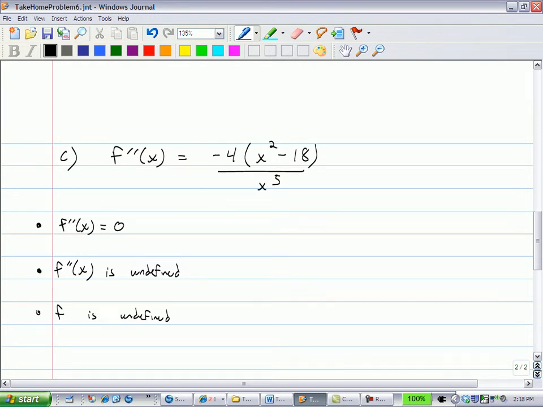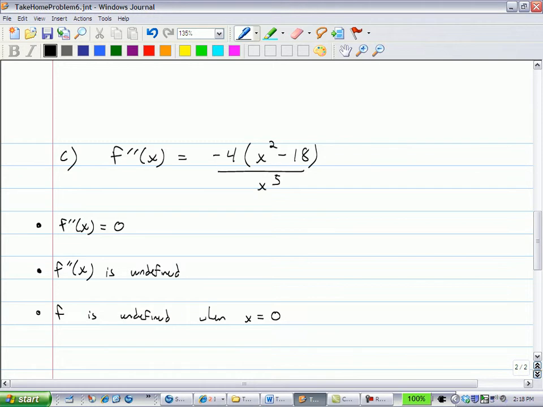So I want to know, do any of those things happen? Well, I'll go to the last one. f is undefined. That happens when x equals 0. So when x equals 0, that's going to be a number that you're going to use as a separator for those intervals. Now, f double prime of x is undefined. When does that happen? Look at f double prime.